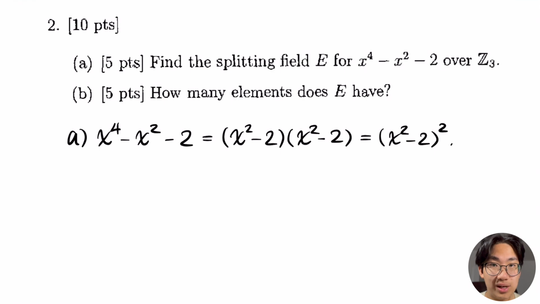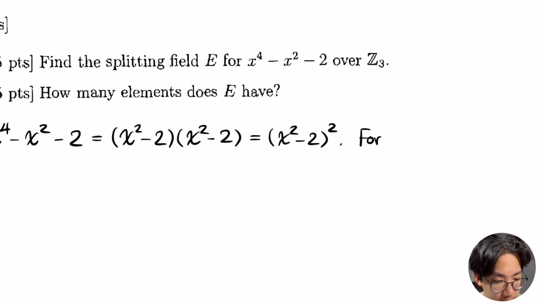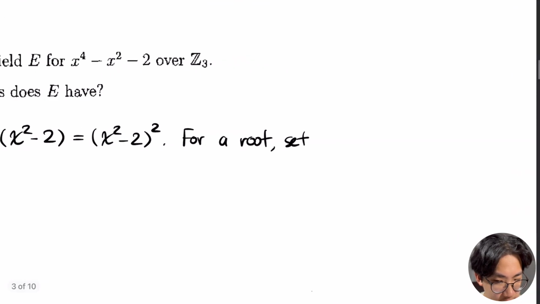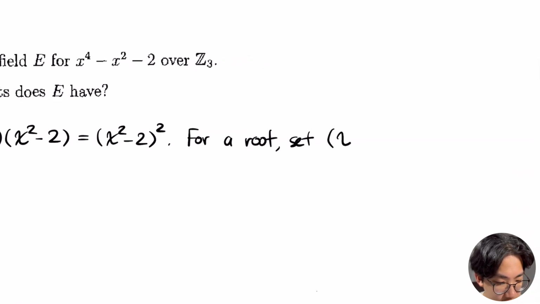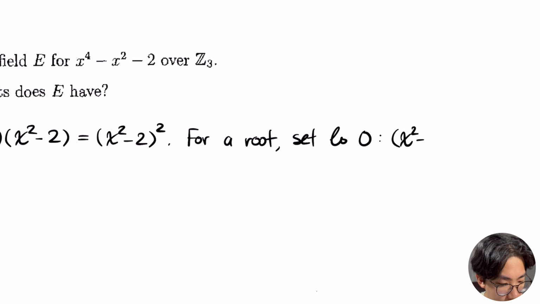Now to find a root, we can set this expression equal to 0. So we have x squared minus 2 squared is equal to 0.